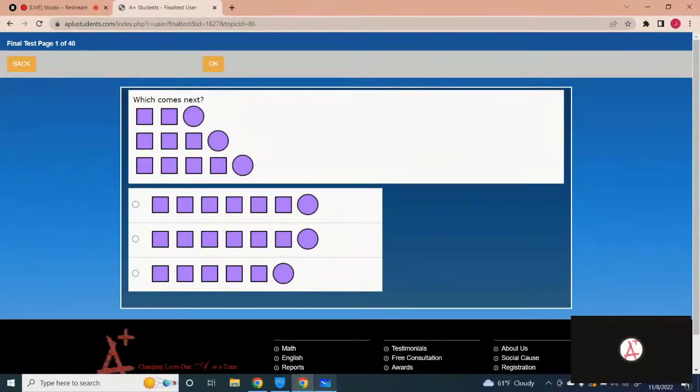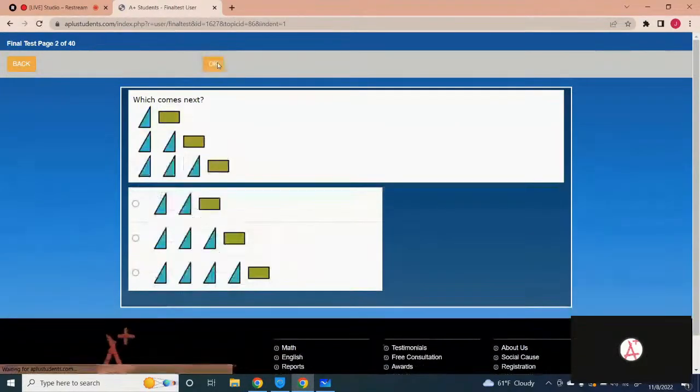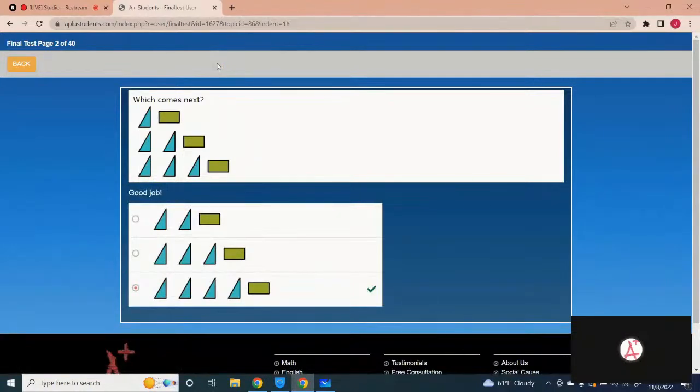Option number three. Very good. Now I have five of the squares and a circle. Okay, which comes next? Which option is the correct one? Yes, that would be option number three. Very good, Alex. Select the correct option, then click on the OK button.